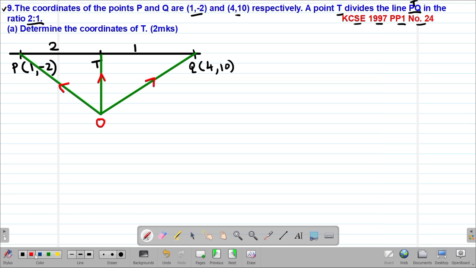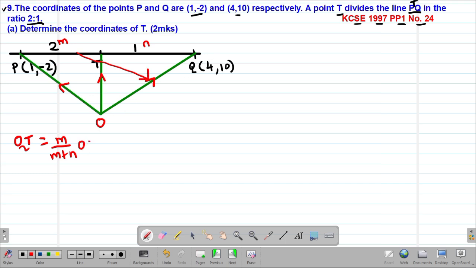Now, if I apply the ratio theorem, remember the ratio theorem dictates that suppose the first ratio is M, and the second ratio is N. The ratio theorem requires that the vector of the dividing point, which is denoted by the vector OT in this particular case, must be equal to the ratio M divided by the total ratio, which of course is M plus N, multiplied by the opposite vector, which is vector OQ.